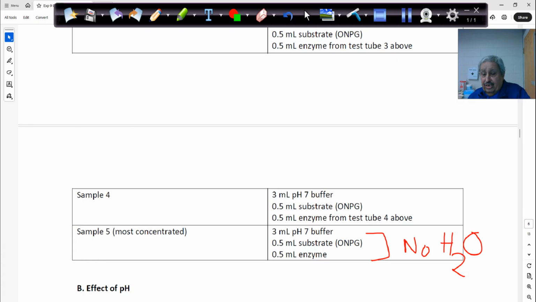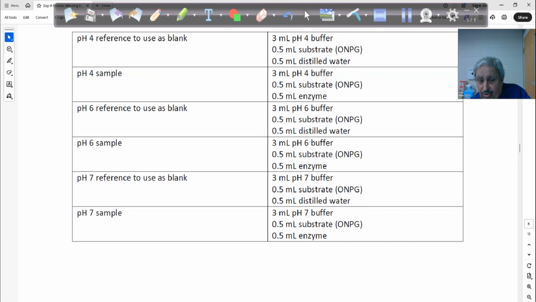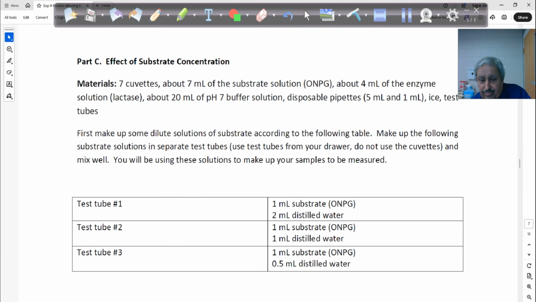Then you just record the value. Whatever the value, record the absorbance. Those will be recorded inside the data here. Go back and look at the data here.